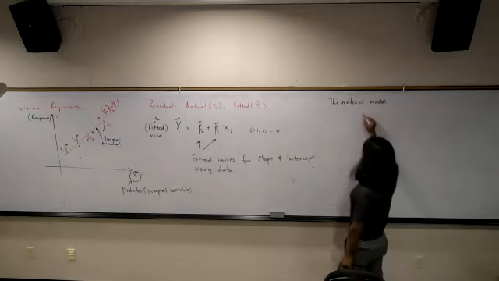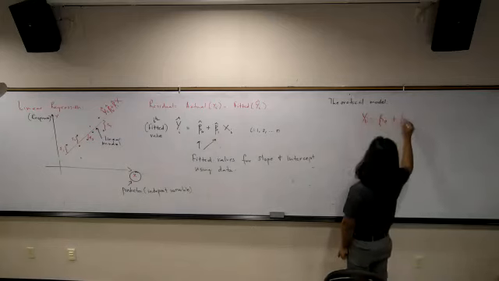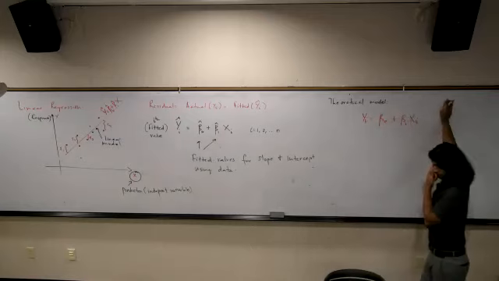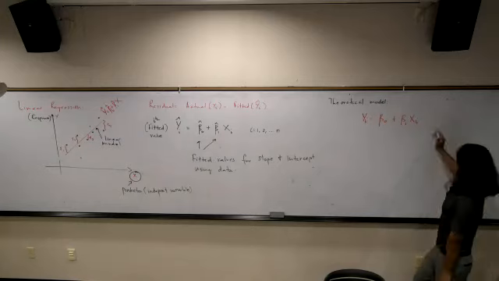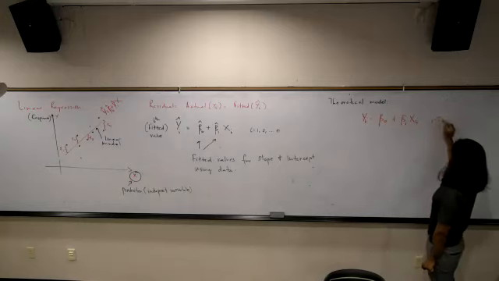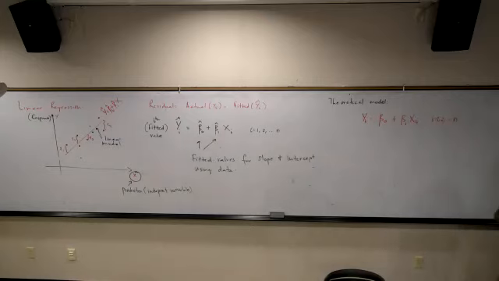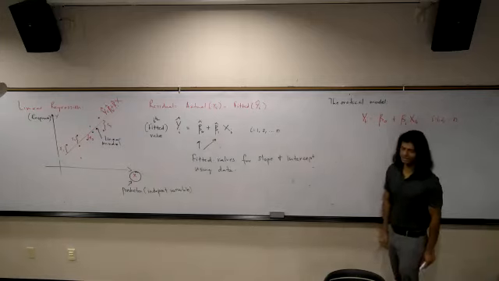It is written this way. What difference do you see? So half. There is no hat. What does putting a hat mean? It is an estimator. That is coming from the data.